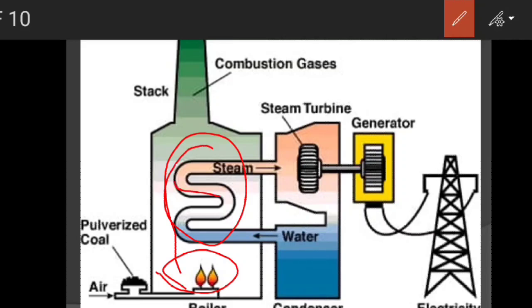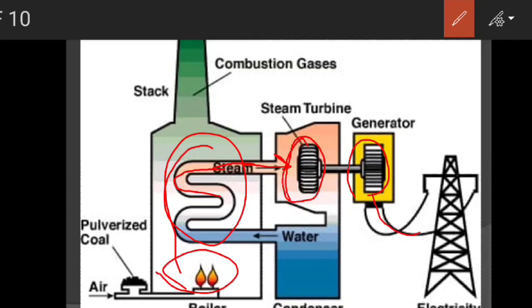These are the pink lines; the pink lines denote vapor. This hot vapor gets into the steam turbine. As a result, the steam turbine blades start rotating, and along with the steam turbine shaft, the generator is also coupled, so it starts rotating.